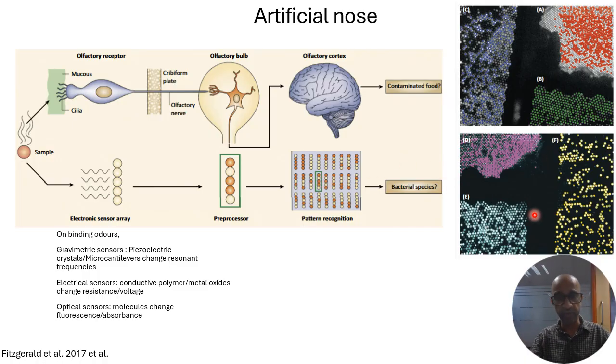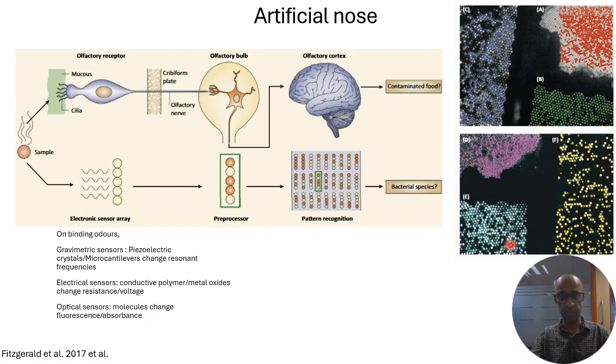So here is, for example, an array of different optical fibers which have been coated with fluorescent molecules that change their configuration and change their fluorescence in response to odor molecules binding, right?